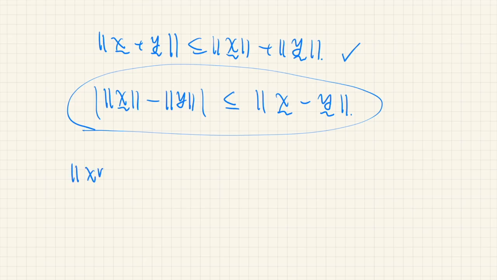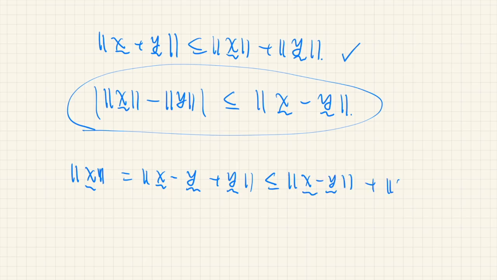So the norm of x is equal to the norm of x minus y plus y, which is less than or equal to, using the triangle inequality, the norm of x minus y plus the norm of y. So from this, we have the norm of x minus the norm of y is less than or equal to the norm of x minus y.